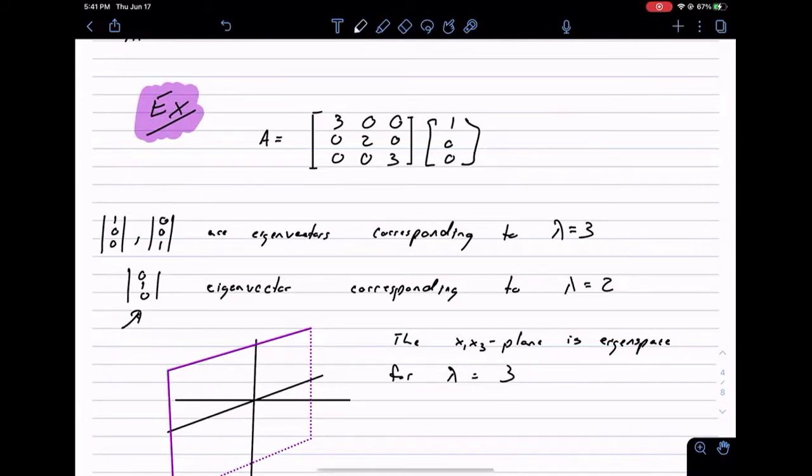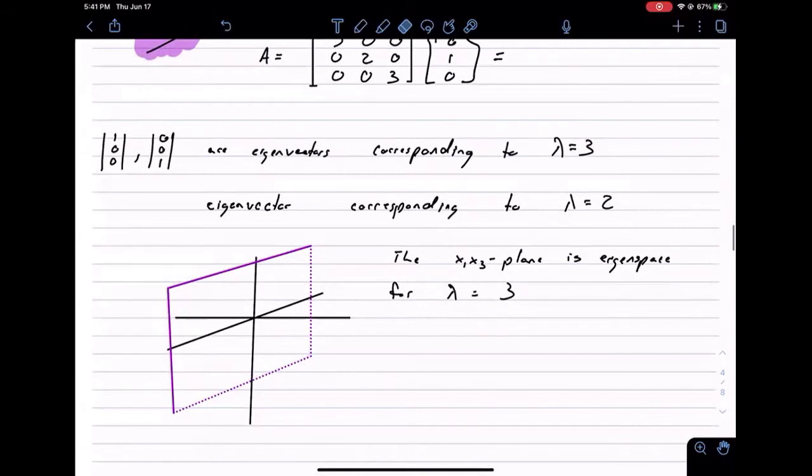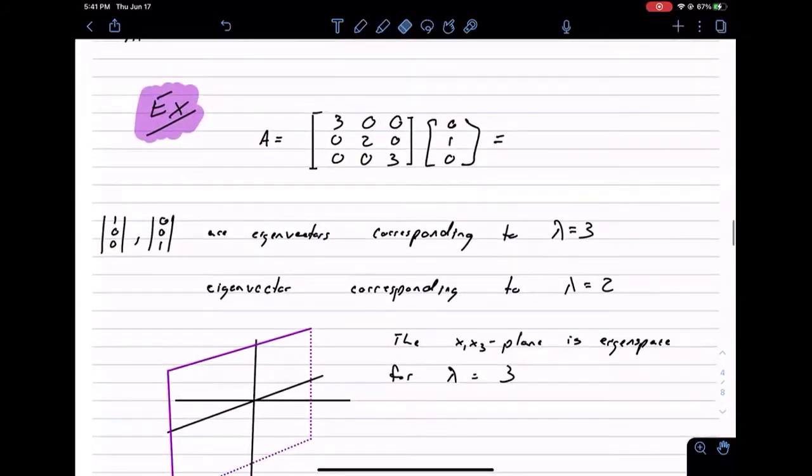If I multiply that matrix by this vector, I get the same vector multiplied by 2. So the set of all vectors, these are not the only eigenvectors.